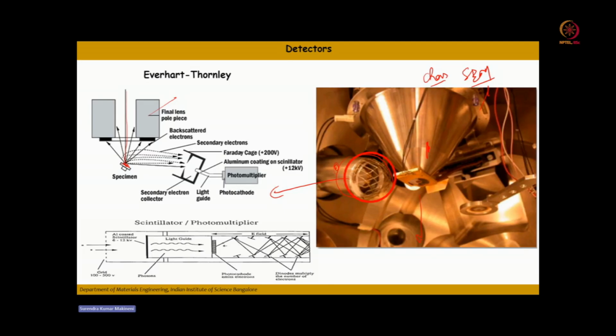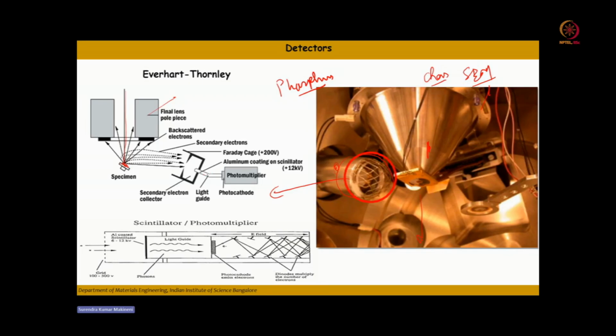When the electron interacts with the specimen, it will generate secondary electrons. When these electrons get ejected out, they usually strike a scintillator, for example a phosphor screen. When these secondary electrons strike, it emits light. Here is a cross section of a scintillator.